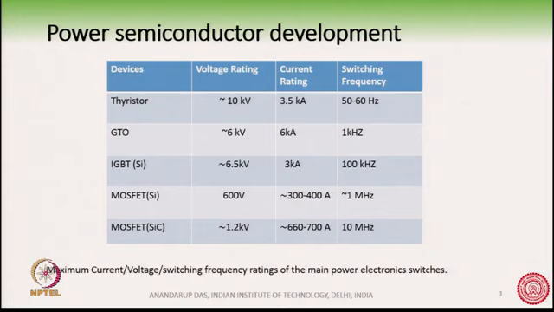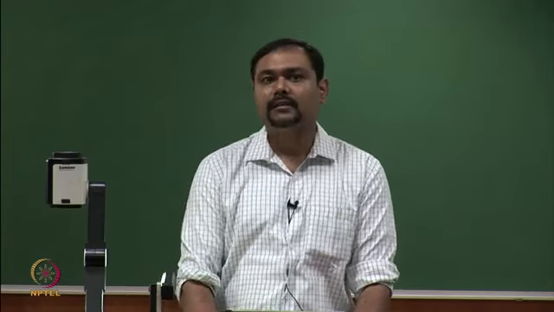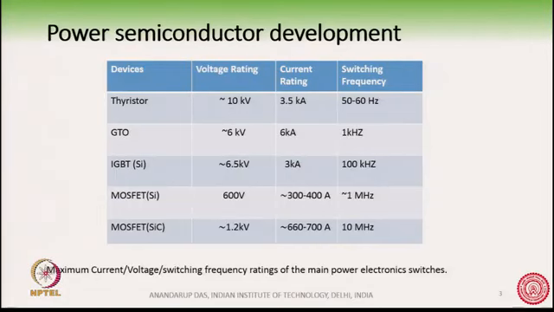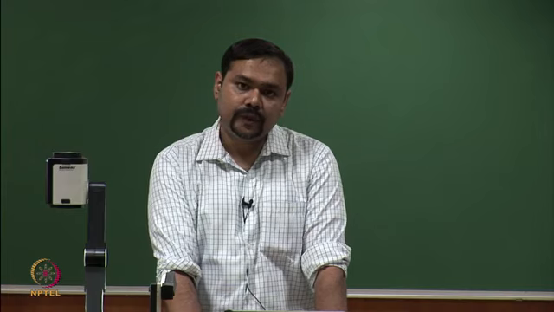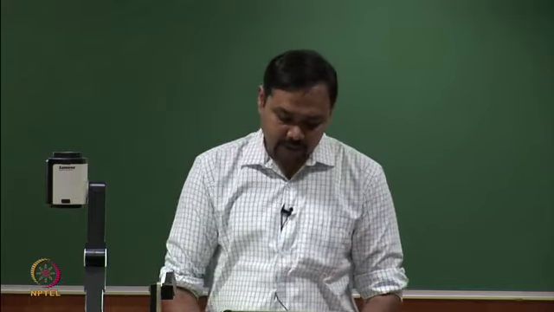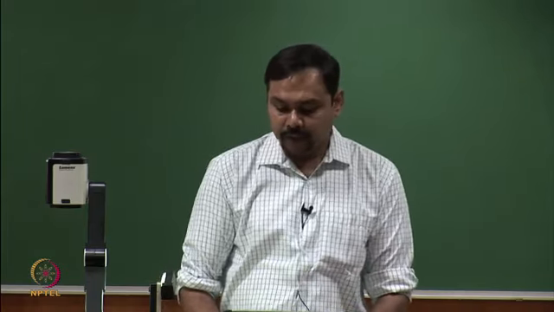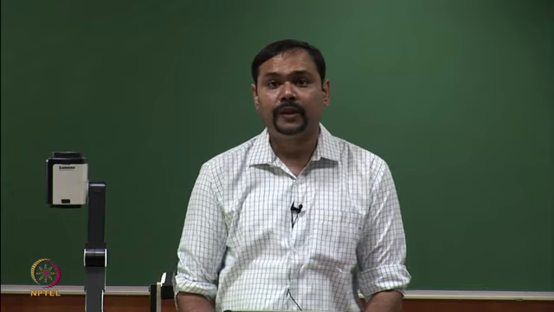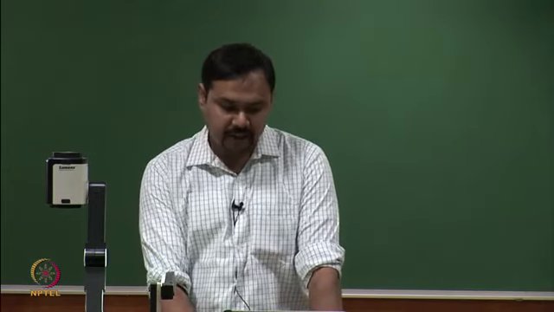For example, in automotive power electronics, silicon MOSFETs are predominantly used. The maximum voltage rating is 600 volts, but 100 volt MOSFETs, for example for various 48 volt applications, are very popular. 600 volt is the maximum rating, with around 300 to 400 ampere, but you can see the switching frequency of MOSFETs can go very high, much higher than IGBTs.